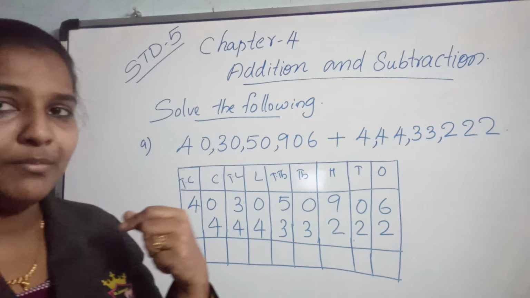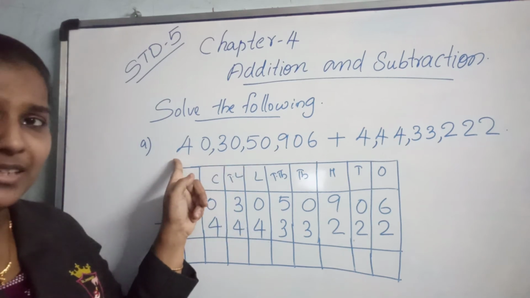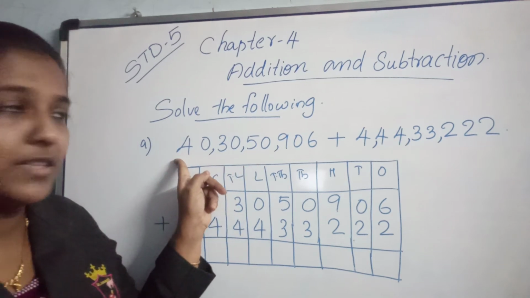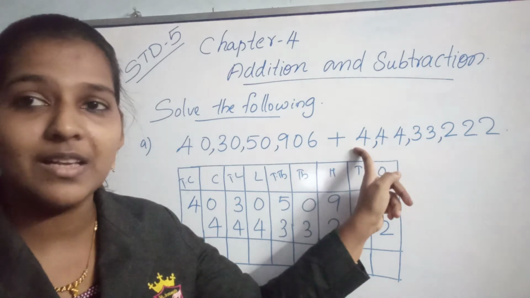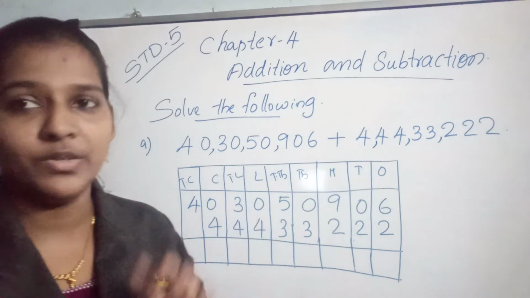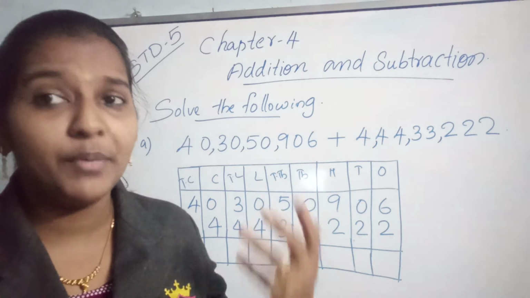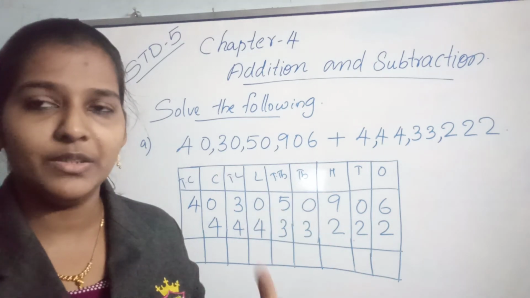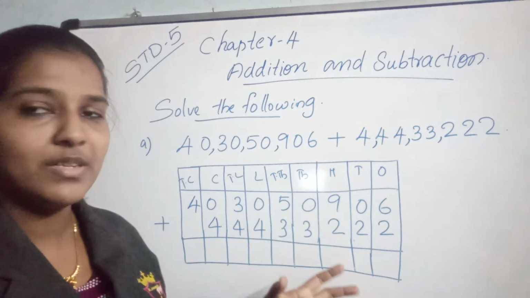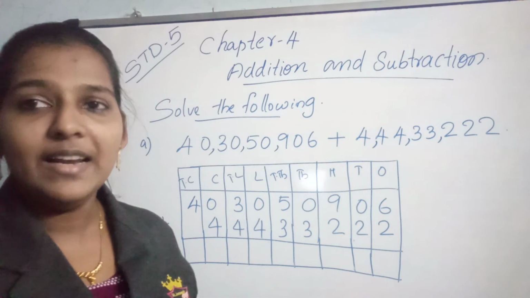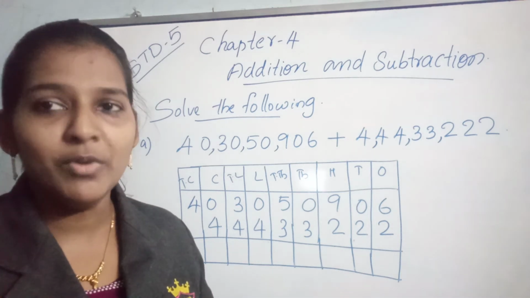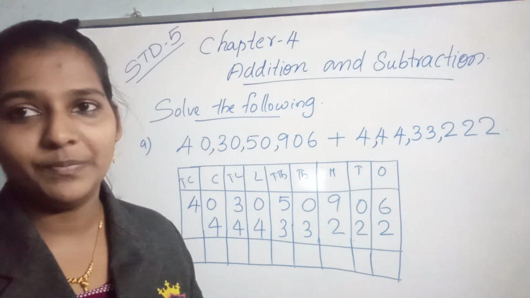Now children, look here. Here the first number has one more place, isn't it? Here it has a 10 crores place also, but the second number has digits up to crores only, isn't it? So to add the bigger numbers, if you are arranging these numbers in a place value chart, and then if you are adding, then it will be easier for you to answer. Okay.